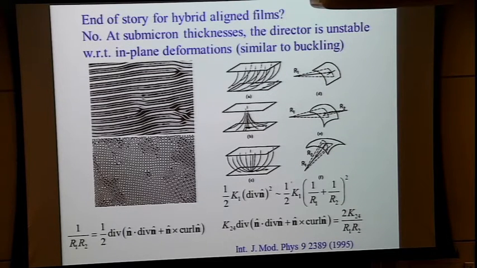And what does it buy the system? Two things. First, the divergence of the vector field can be represented, in the absence of twist deformations, as nothing else but the mean curvature of the surfaces that are perpendicular to the director field.